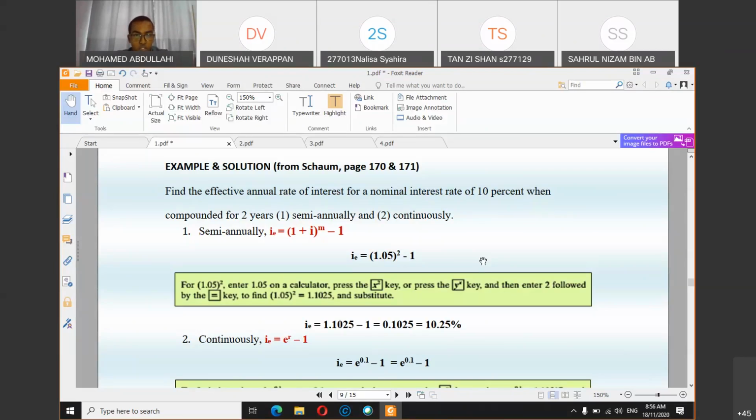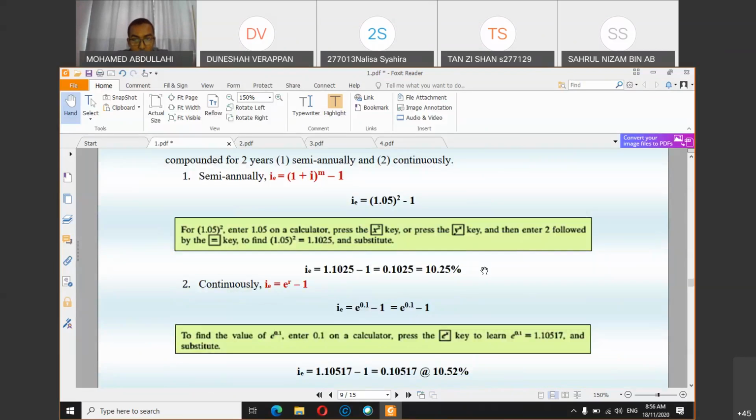Finally, we change it into percentage form, times 100, which is 10.25%. Secondly, it's continuous. That means e to the x minus 1, so e to the power 0.1 minus 1.